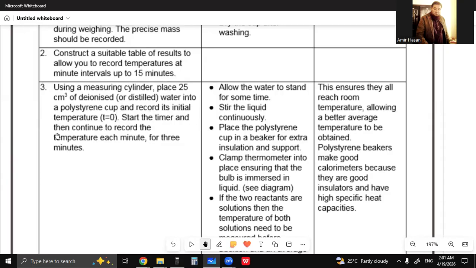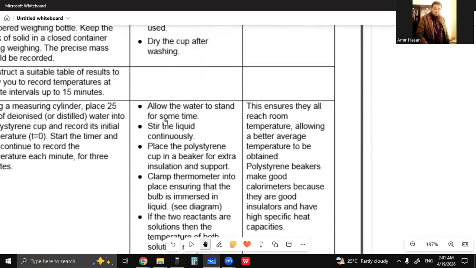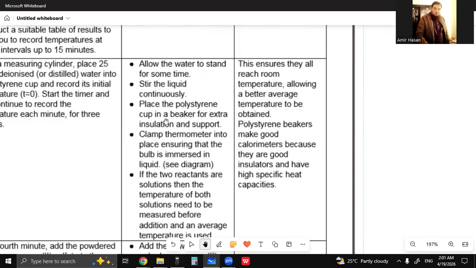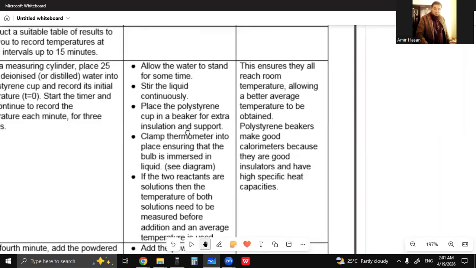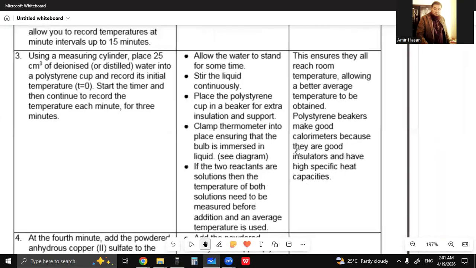Start the timer and continue to record the temperature each minute or 3 minutes. Allow the water to stand for some time. Stir the liquid continuously. Place the polystyrene cup in a beaker for extra insulation and support. We put the solution in the polystyrene cup, then put it into the beaker.